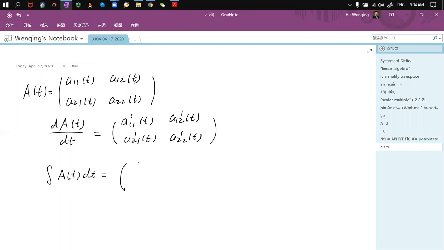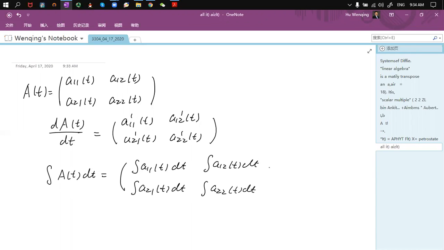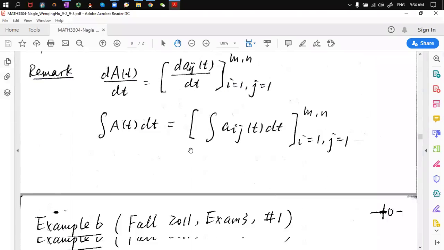Well, the integral is just the integral of a11 of t dt, the integral of a12 of t dt, the integral of a21 of t dt, and the integral of a22 of t dt. Just integrate term-wise. That will result in the integration of this matrix function, right?